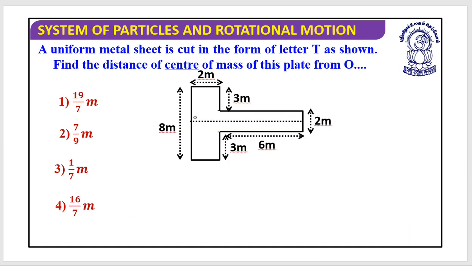This question says that a uniform metal sheet is cut in the form of a letter T as shown in the figure. Find out the distance of the center of mass of the sheet from O. Okay, this is from O. How will you do this? What could be done? Look at this.